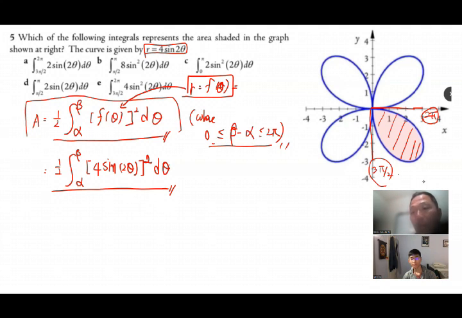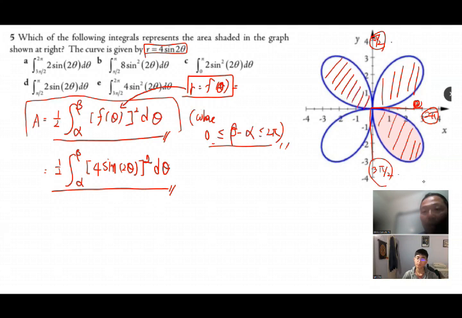But that is effectively the same as integrating this area from 0 to pi over 2. Am I right? Or the same as this area, pi over 2 to pi, or pi to 3 pi over 2.